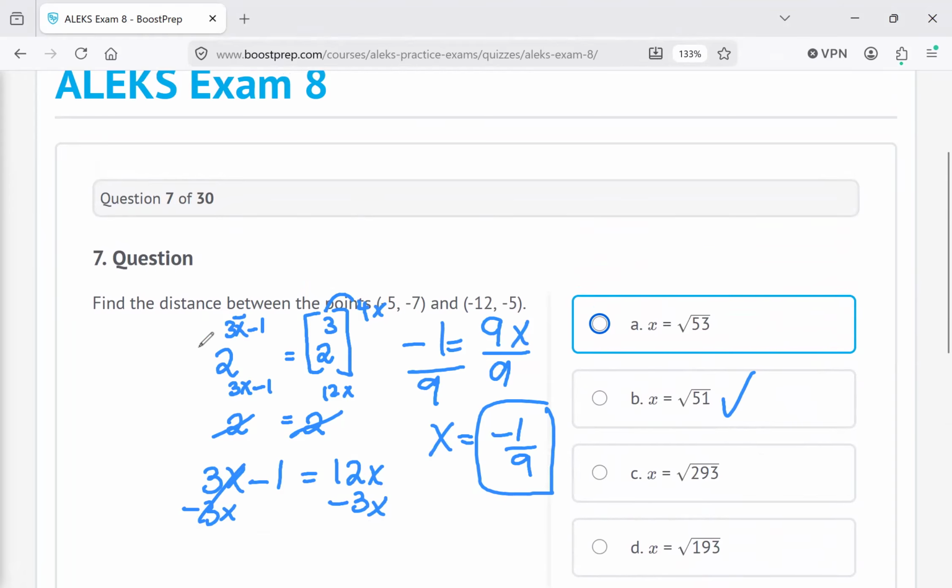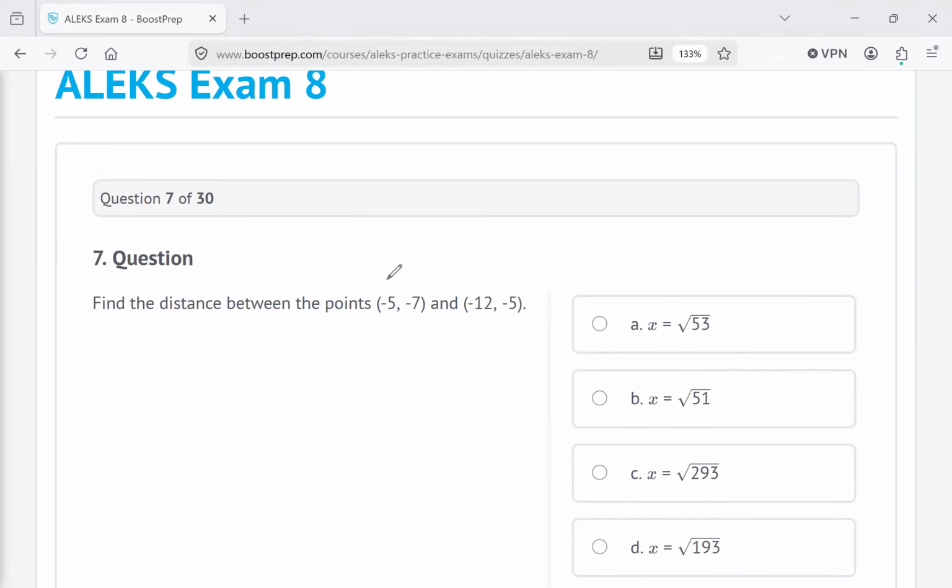Find the distance between these 2 points. What I'm going to do is label each point carefully, because it's going to be x1, y1, x2, y2, right? So the distance is the square root of x2 minus x1 squared plus y2 minus y1 squared.